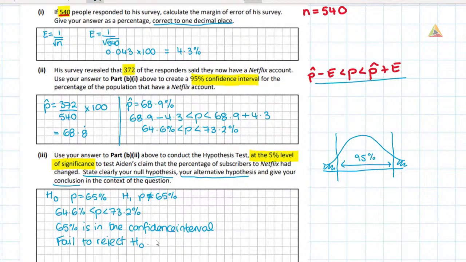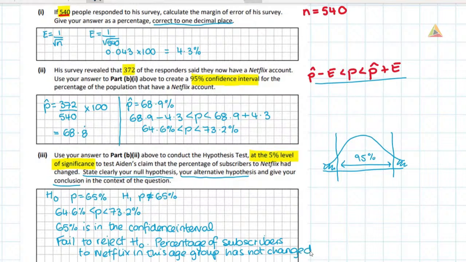So we're saying, yep, this 65% is still looking good. We're going to fail to reject H0, and we have to make a conclusion in the context of the question. So that means here that the percentage of subscribers to Netflix in this age group has not changed. So Aidan thought that it might have changed, but when we carry out this hypothesis test, it appears that it hasn't changed, because when we get this confidence interval, our 65% is still in that interval, so it looks like it hasn't changed.